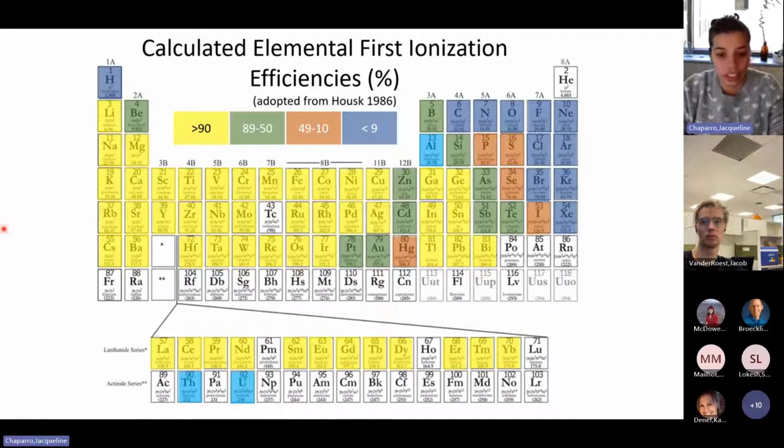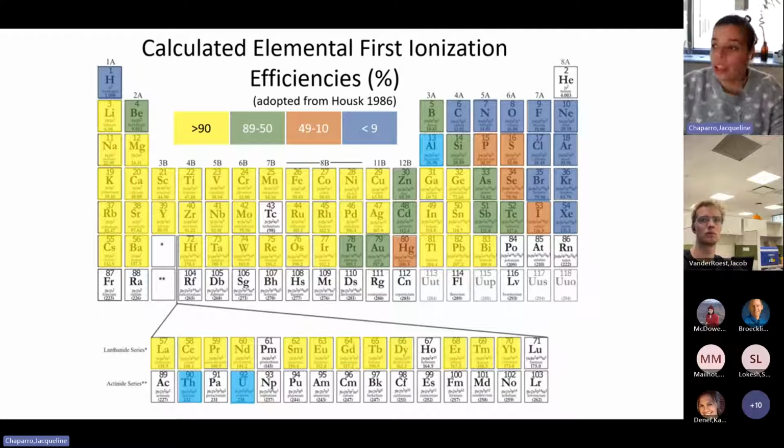So then your limits of detection are not dependent on this ionization efficiency, whereas something like phosphorus, sulfur, or selenium really suffer from the fact that only a small percentage of that element can be converted into ions.